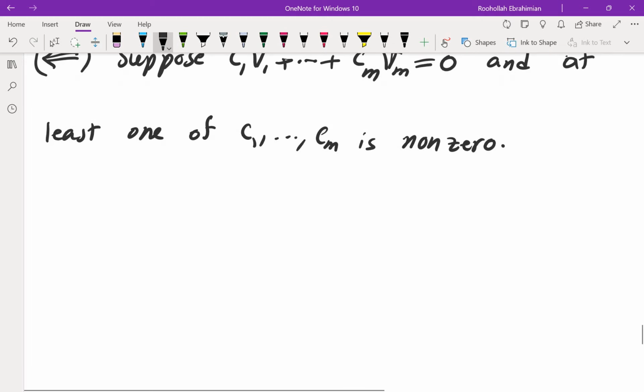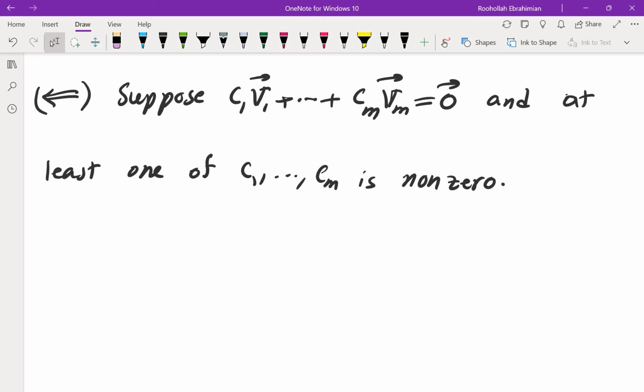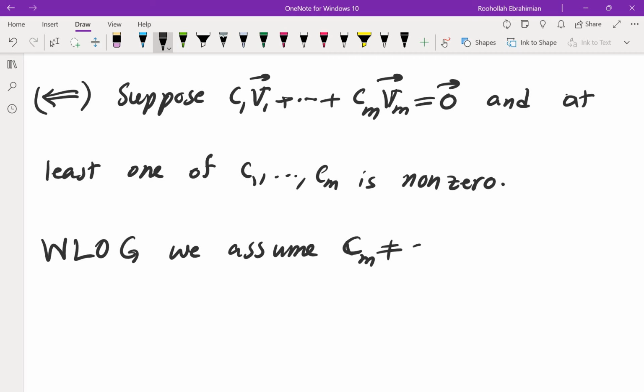So here's what we're going to do. We're going to assume that, let's say, the coefficient of vm isn't 0. Again, without loss of generality, we assume that cm isn't 0.